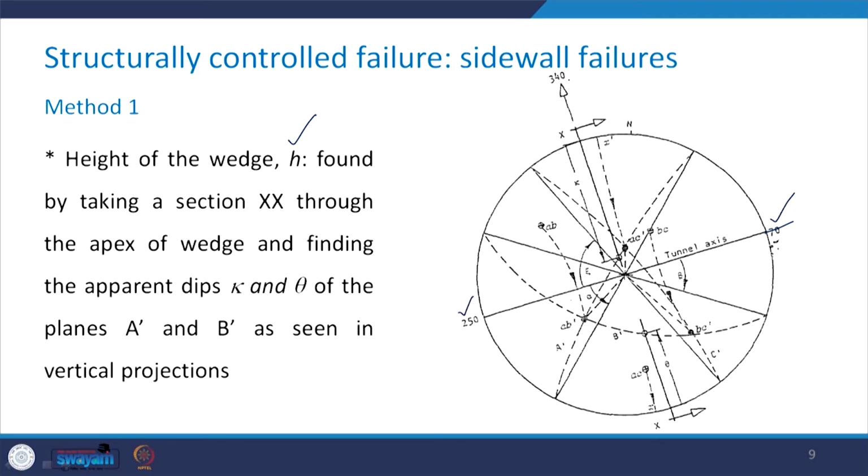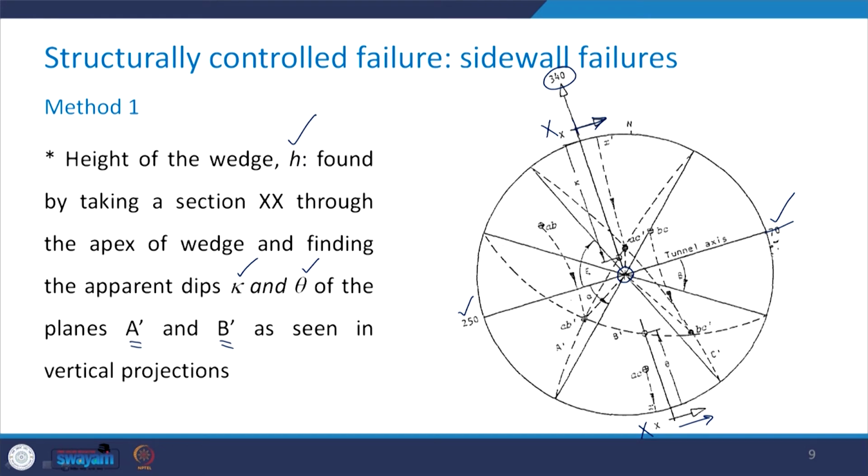Perpendicular to that is this 340 degree line, and we are looking in this direction, which is the XX direction, and this is passing through the center of the net. We need to find the apparent dips kappa and theta of the planes A prime and B prime. Look at how this is determined.